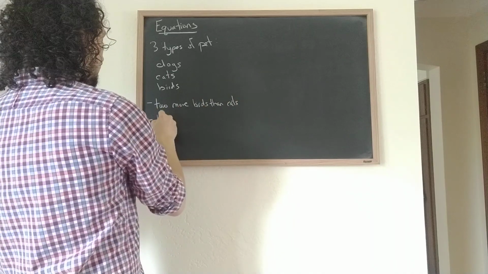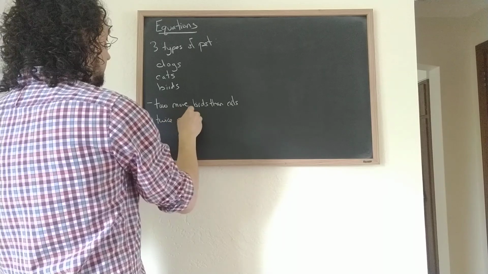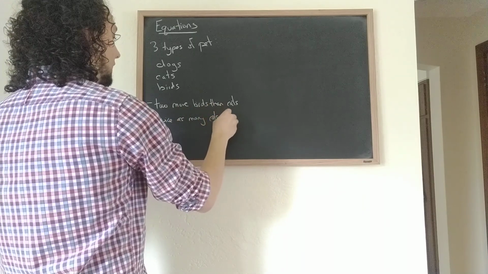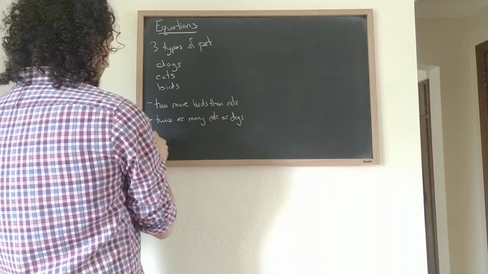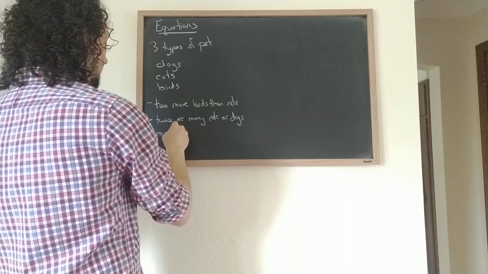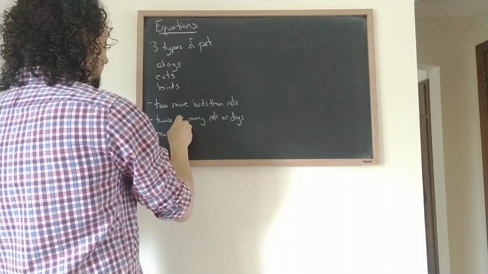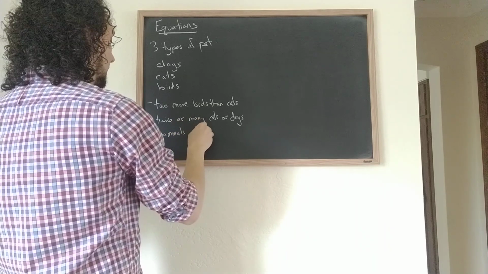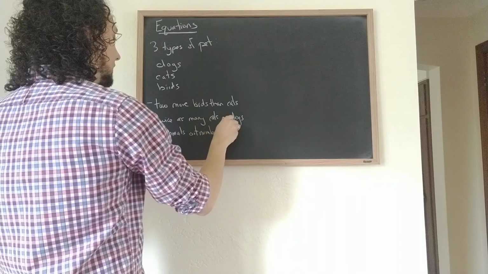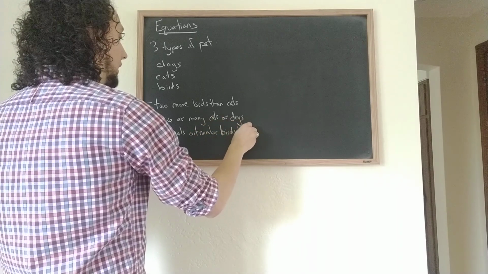Another fact is that they have twice as many cats as dogs. And the last one is that the mammals outnumber birds by 1.